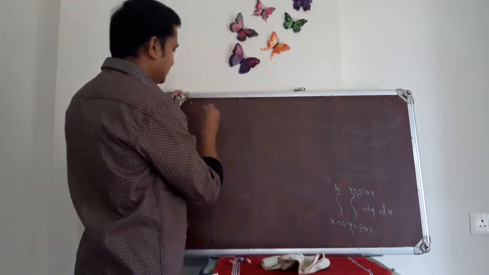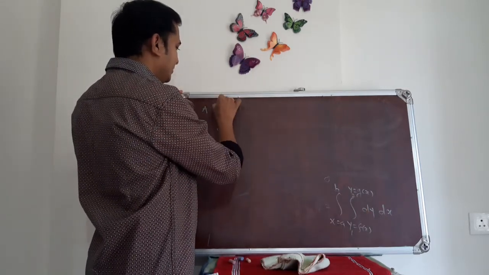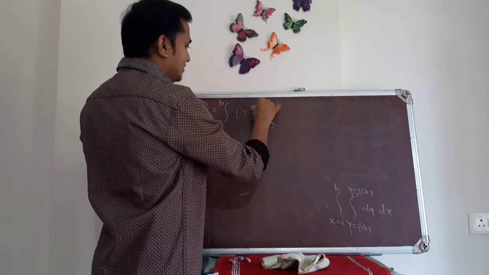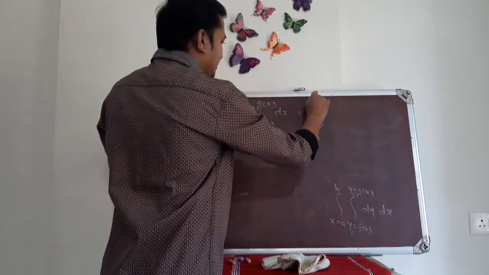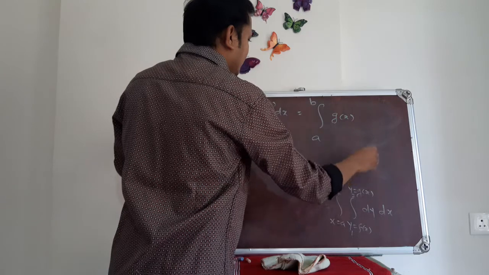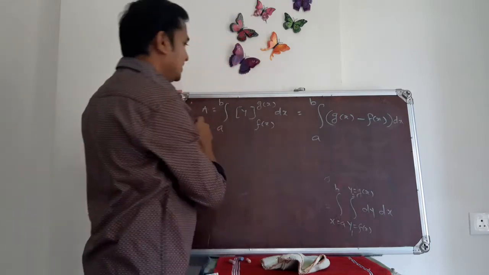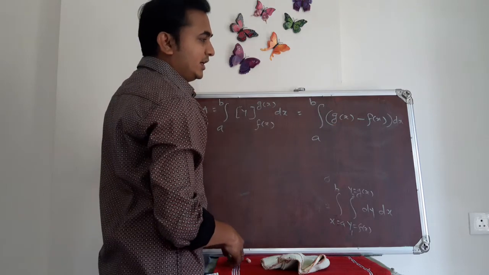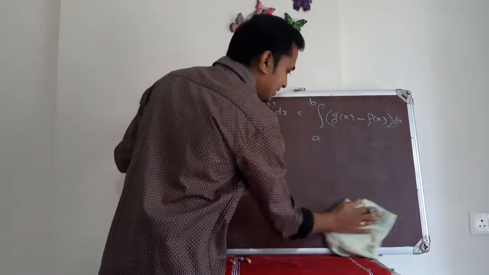A is equal to integration with respect to y is y, so x is from a to b, so y from f of x to g of x dx. So simply integral x is equal to a to b, g of x minus f of x dx. Okay. So A is equal to integral a to b, upper limit minus lower limit, integration with respect to x. Alright. So this is in case of Cartesian.